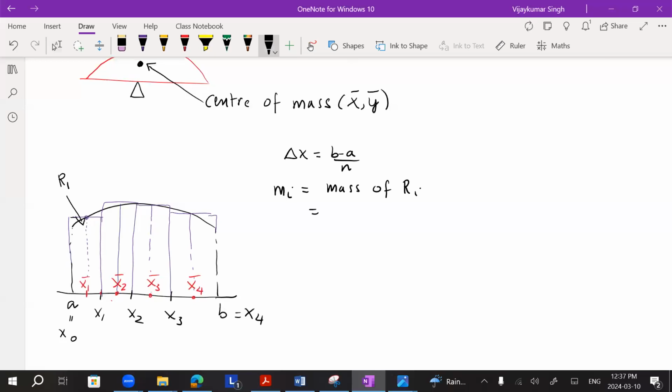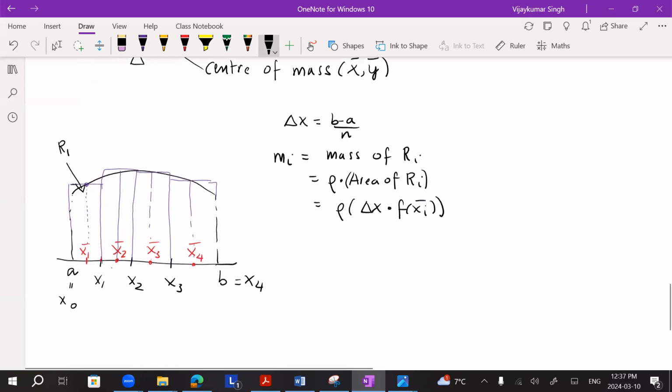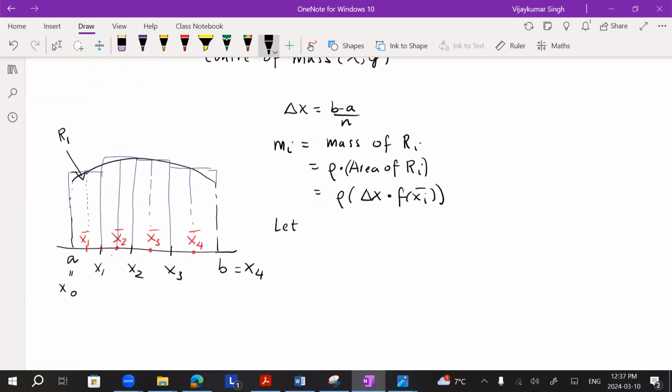That's going to be rho times the area of Ri, and that is given by rho times delta x times f of xi bar. Now let Ci be the centroid, or the center of mass, of Ri.